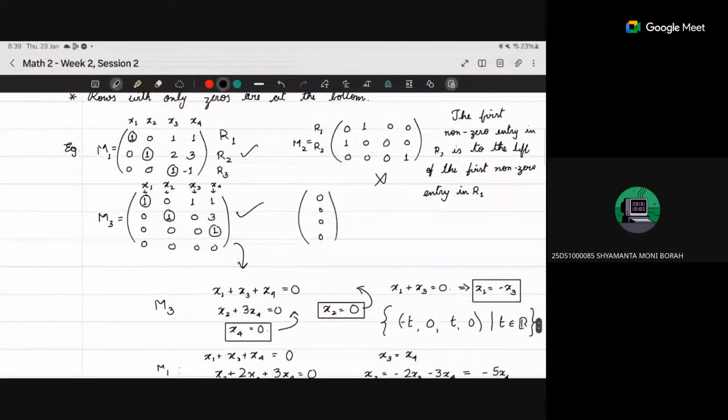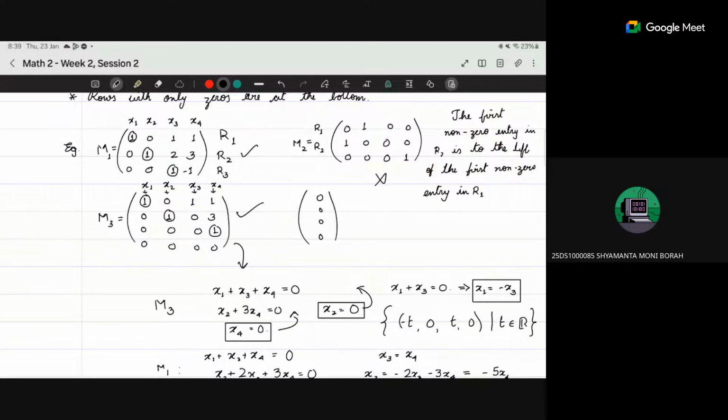So for now, you just take the following as a definition: if there is a leading one of any row in a column, then that column corresponds to a dependent variable. And if there is no leading one in a particular column, then that corresponds to an independent variable.